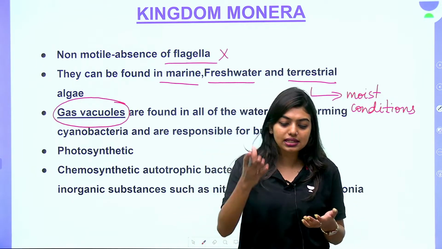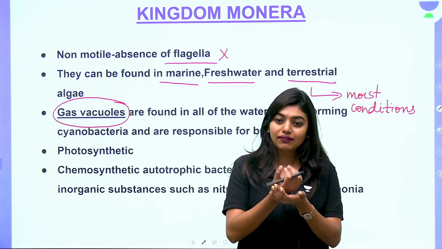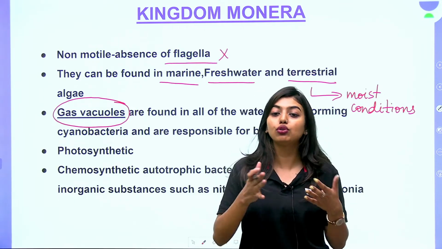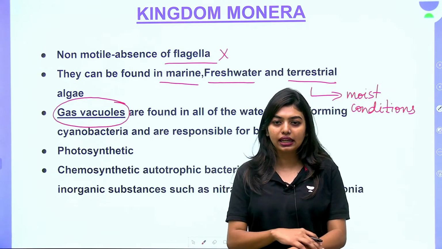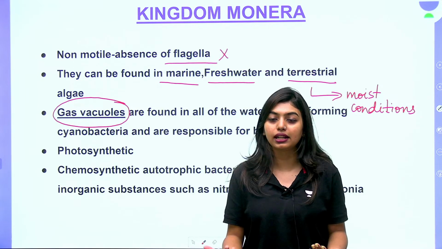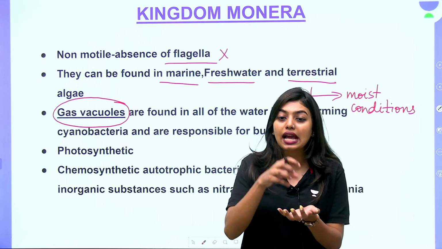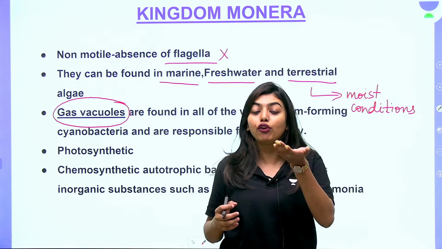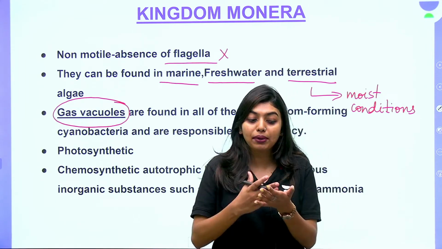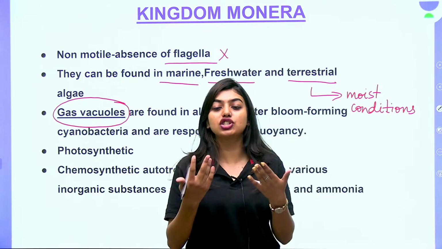Understand, students, when they float and come up, they get oxygen and the light they require for photosynthesis. Do you agree? Without light, can they do photosynthesis? They cannot. So, this gas vacuole allows them to float at whatever depth they want, so that they get enough oxygen and sunlight.